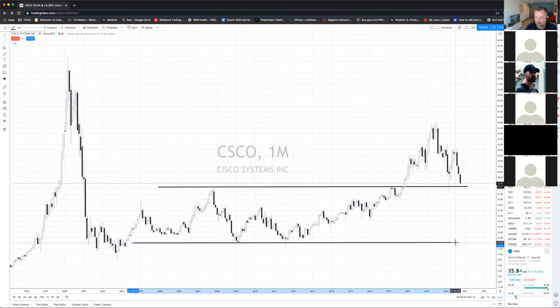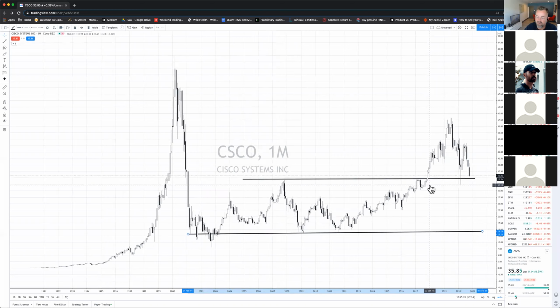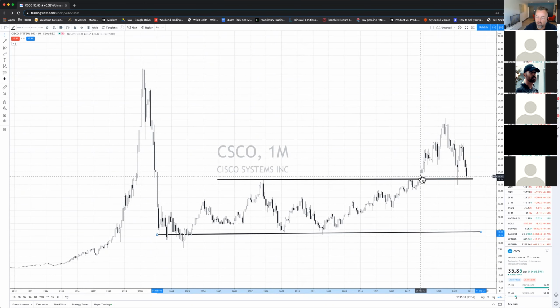Historically, this has been a range that we broke out of, and there was the overcorrection here of the dot-com bubble, and then 9/11, and then the recession, and then the rally recovery, and then the move up to the global financial crisis, and then Cisco just becoming more of a commodity, and then they got some good things going on and made another attempt at a new high.